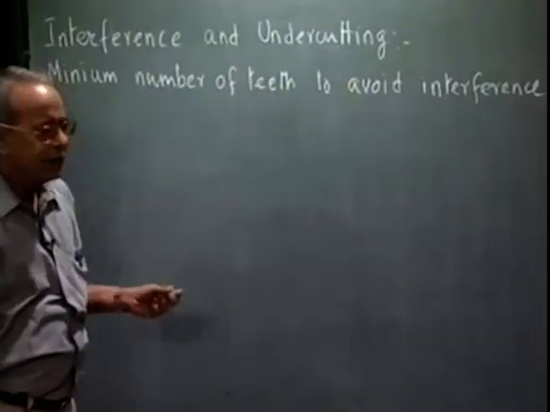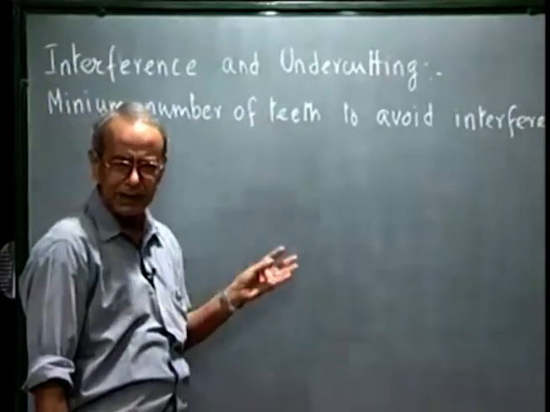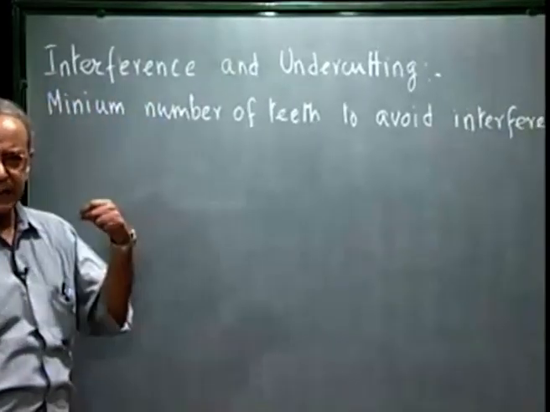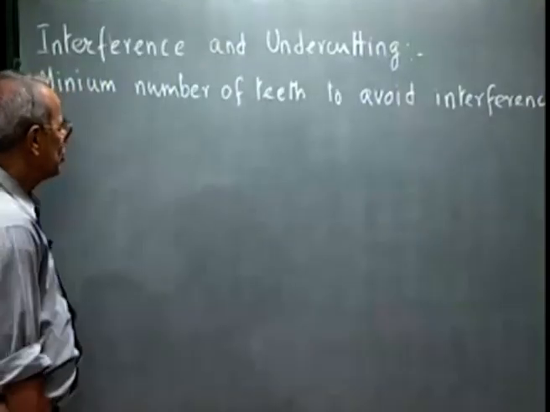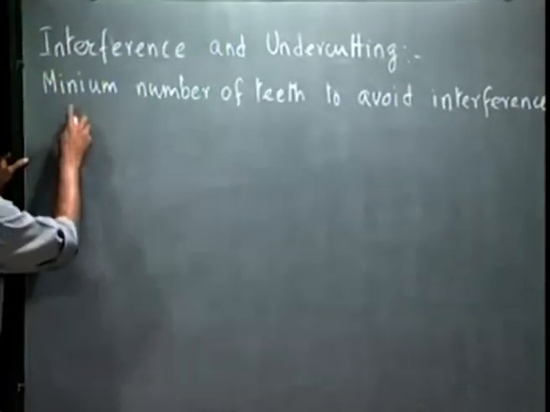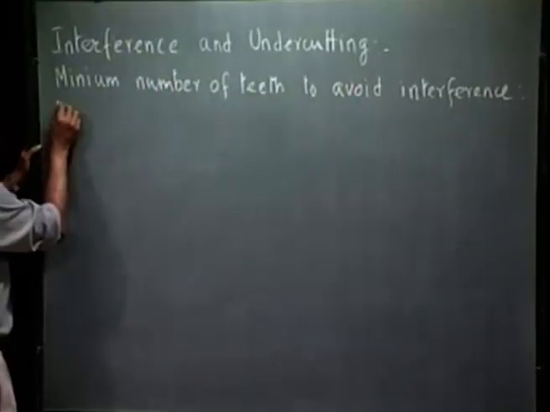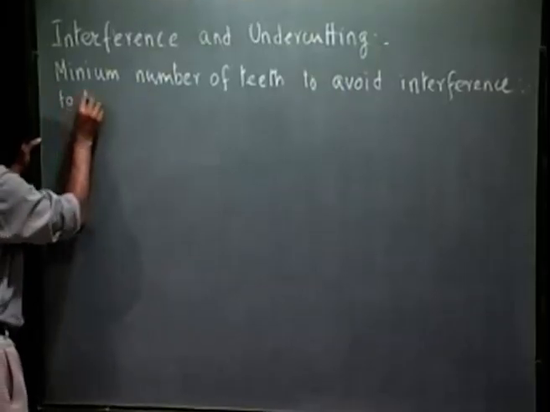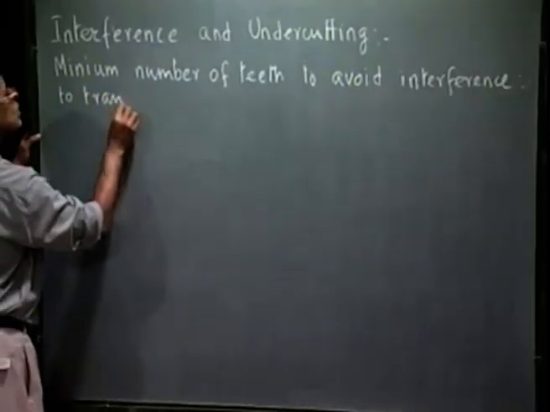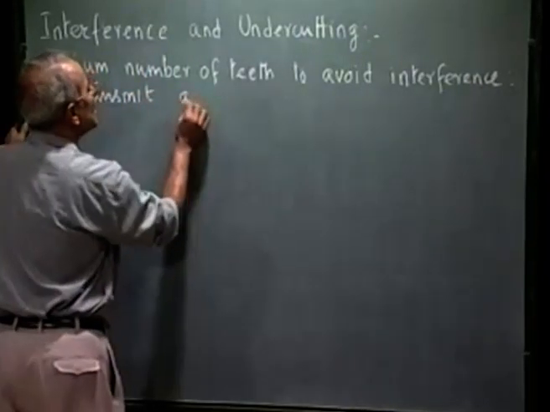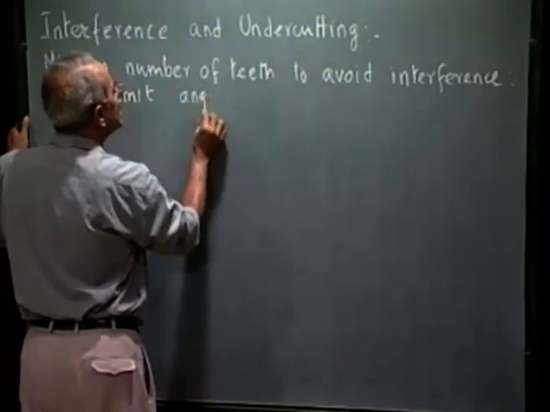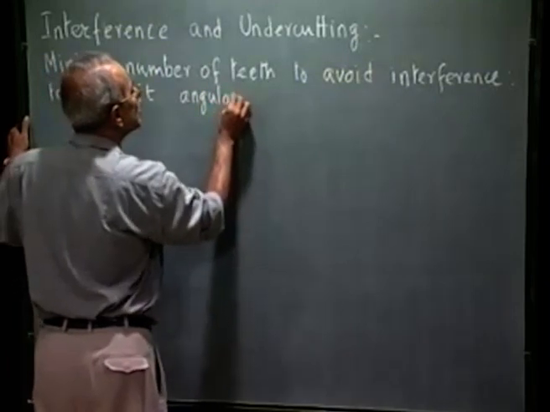We have already seen how the interference takes place, first of all, because the addendum circle gets into the base circle. So now we talk of a minimum number of teeth to avoid interference to transmit a particular angular velocity ratio.